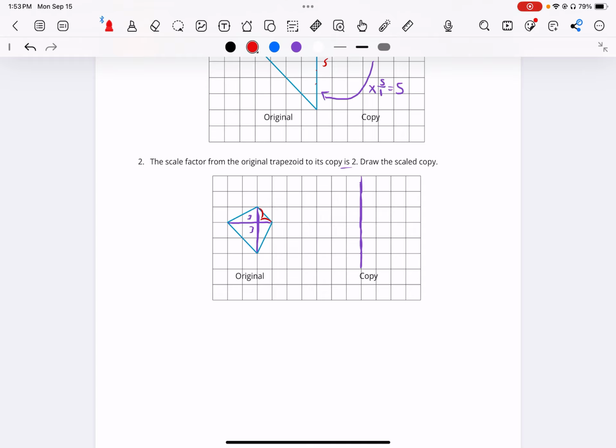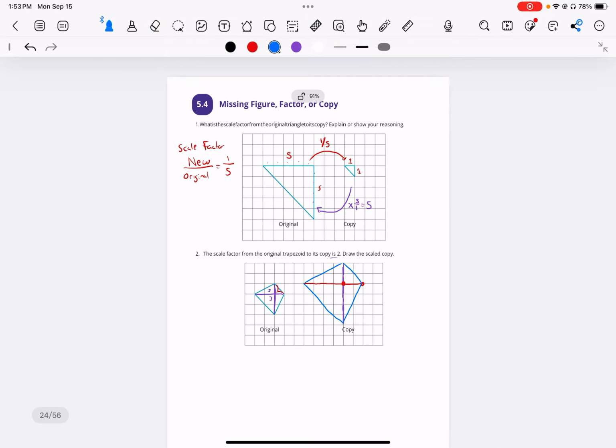So it's going to be 2 from the top, so we're going to go 2 over. So we have 2, 6, and now to create my scale copy, I'm just going to connect the points, and that would be my scaled copy. And it's okay if we have those extra lines in there, because we know we use those to create our scaled copy.